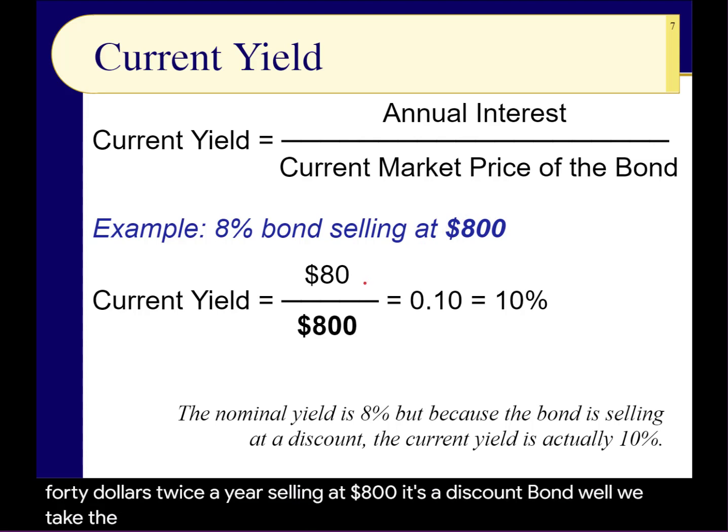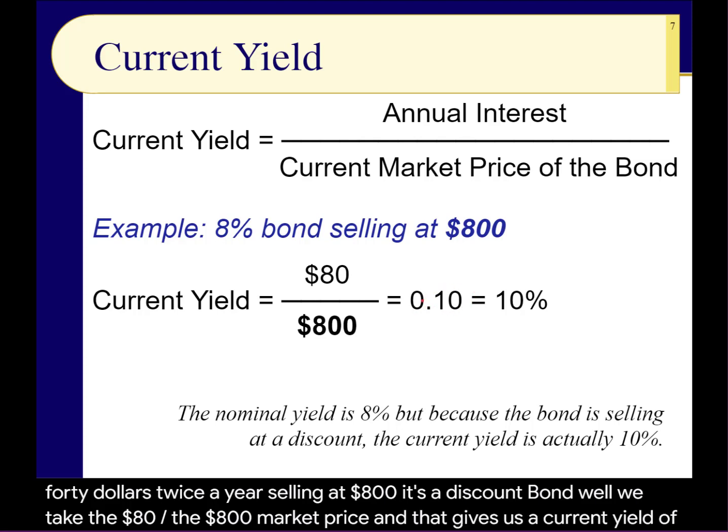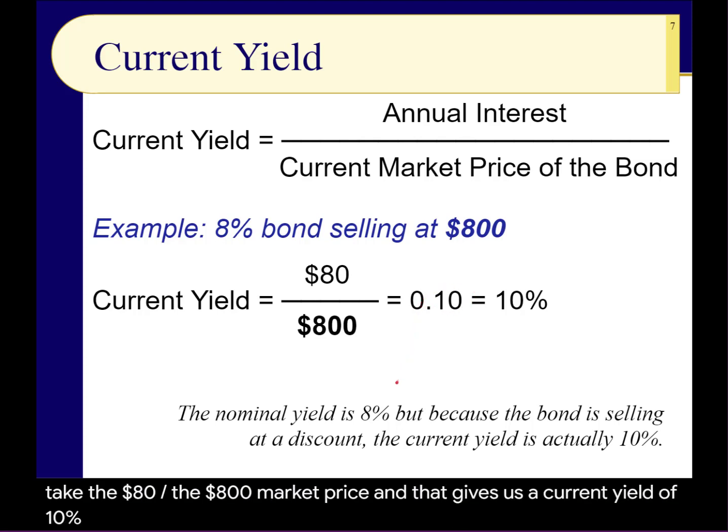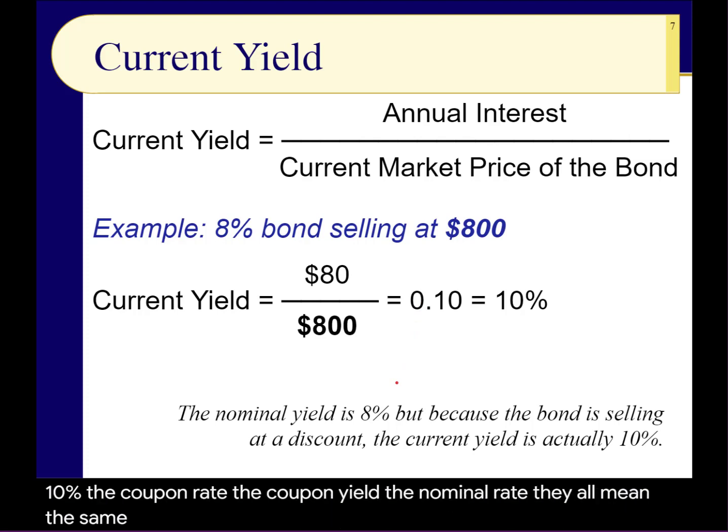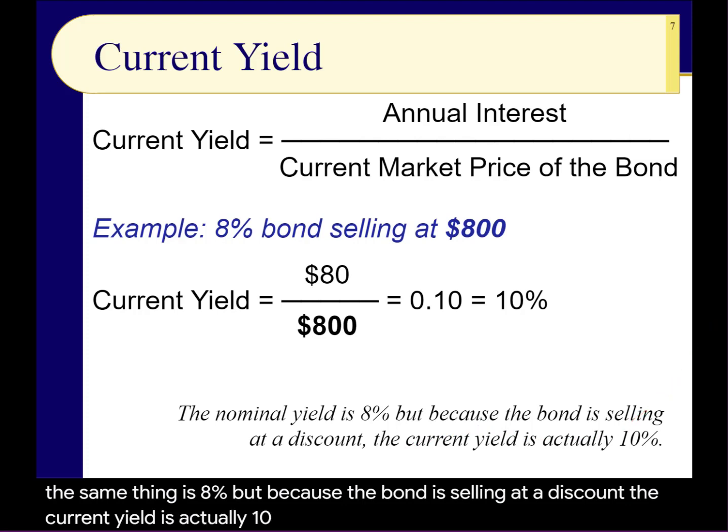Well, we take the $80 divided by the $800 market price, and that gives us a current yield of 10%. The nominal yield, the coupon rate, the coupon yield, the nominal rate, they all mean the same thing, is 8%, but because the bond is selling at a discount, the current yield is actually 10%.